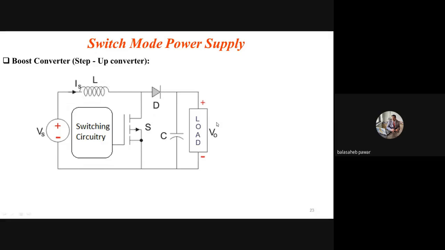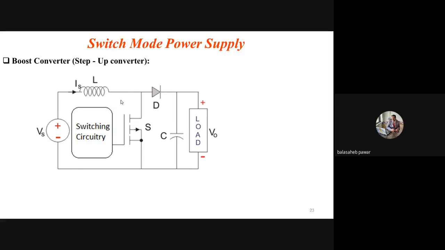Is it clear? For example, suppose this Vs is 10 volts, right? Initially the switch is closed, and the inductor was totally discharged. When the switch is closed, the inductor will start to get charged. Suppose it gets charged to 5 volts. This is the charge stored by the inductor, equivalent to 5 volts.